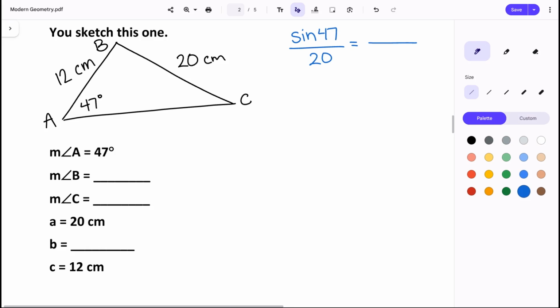Side c. So that means I should probably try to find angle C because they have to connect. So for my next one, I'm going to write sine of C over 12. So the setup is the same. Our variable's in a different spot though. How would you guys begin to solve this?